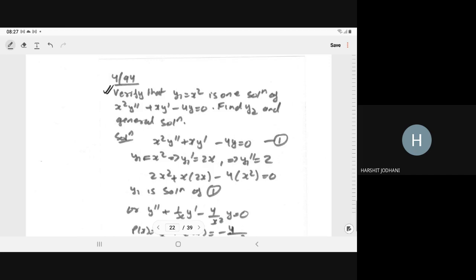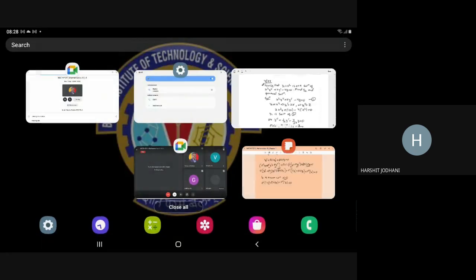Clear? So the given equation is x square y double dash plus x y dash minus 4y is equal to 0. First we have to write it in the standard form.